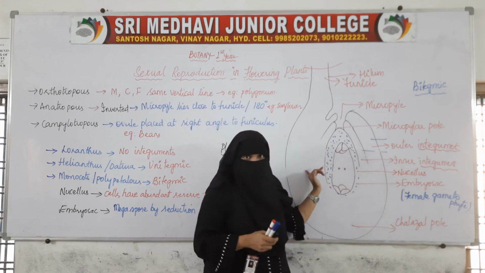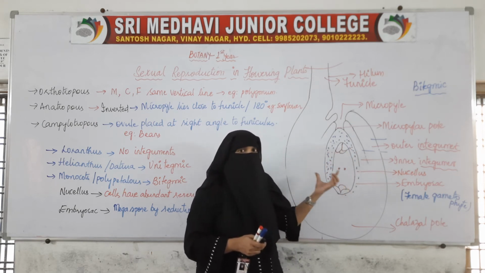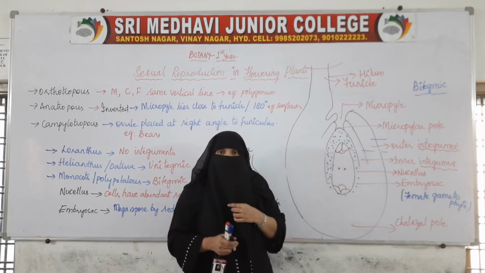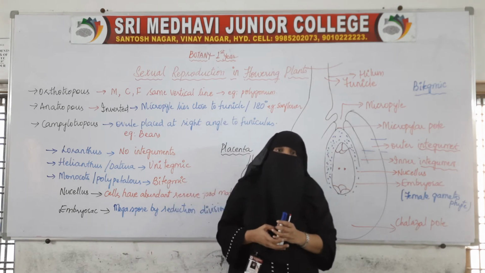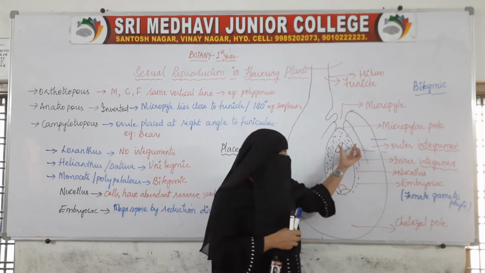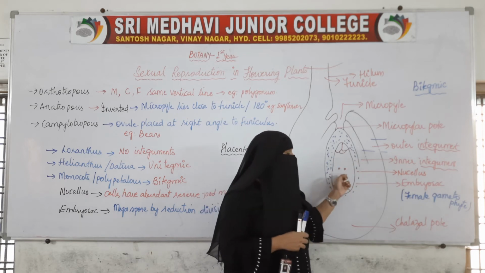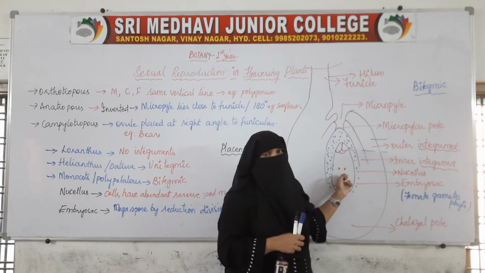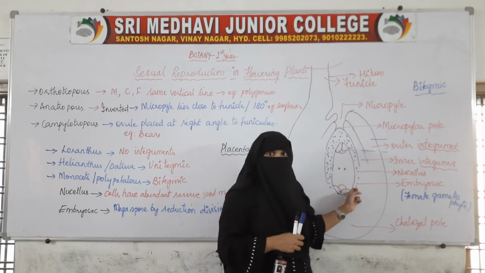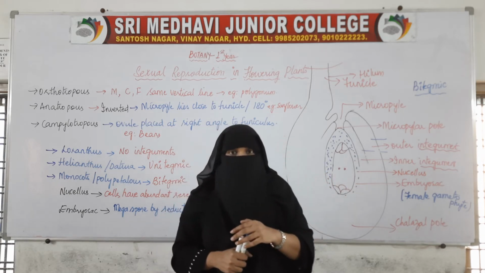Two integuments will be there, bitegmic, and enclosed in these integuments, nucellus tissue will be present. The cells of nucellus will be filled with reserve food materials. Out of that many nucellar cells, one cell will undergo reduction division and produce the female gametophyte, called the embryo sac, and inside this embryo sac the female gamete, that is egg, will be produced.